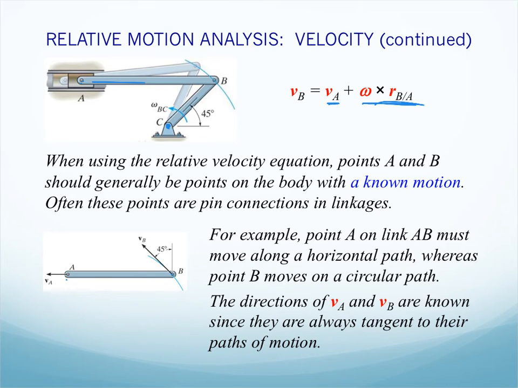And we know that the velocity vector will be tangent to that rotational path, or that circular path. So if we talk about the position of B relative to A, if we can express that, then the velocity of B is going to be the velocity of A plus this term of B relative to A.